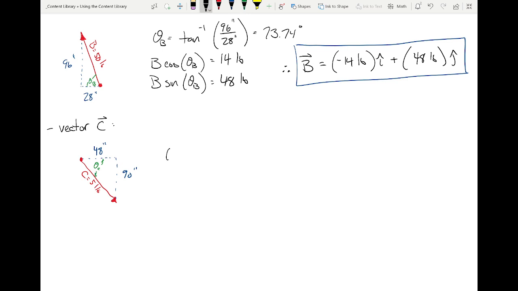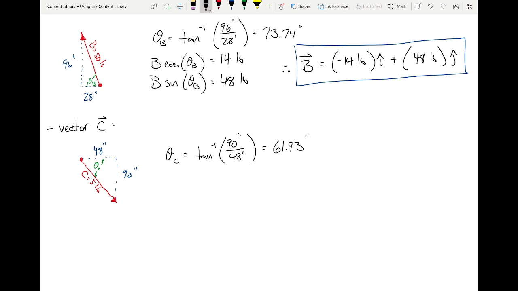And so theta C is going to be inverse tangent of opposite over adjacent. And so, anybody got an answer on that one? Make sure y'all are awake. 61.93. And we know that's right.